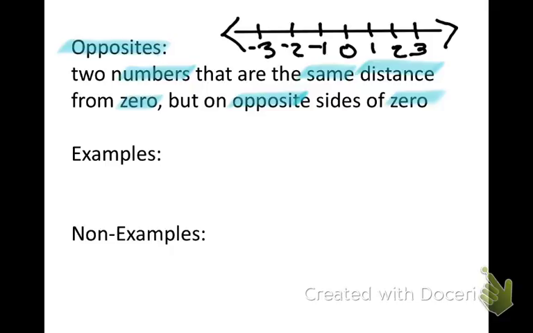A really great example here is -3 and 3. They're opposites because here's my -3. The absolute value of -3 is 1, 2, 3. And the absolute value from 3 to 0 is 1, 2, 3. So they're the same distance from 0.